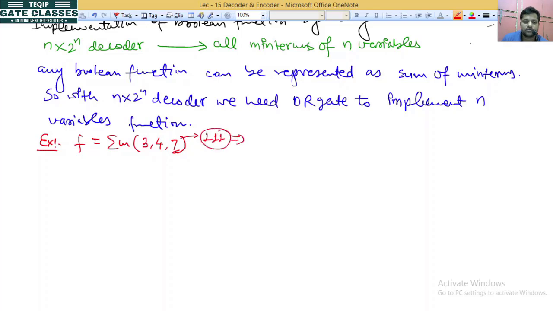So the input variables are 3, so n is 3. n equal to 3 means which decoder? The decoder is of n cross 2 to the power n, that is 3 cross 8 decoder. So to implement this function, we have to use a 3 cross 8 decoder.